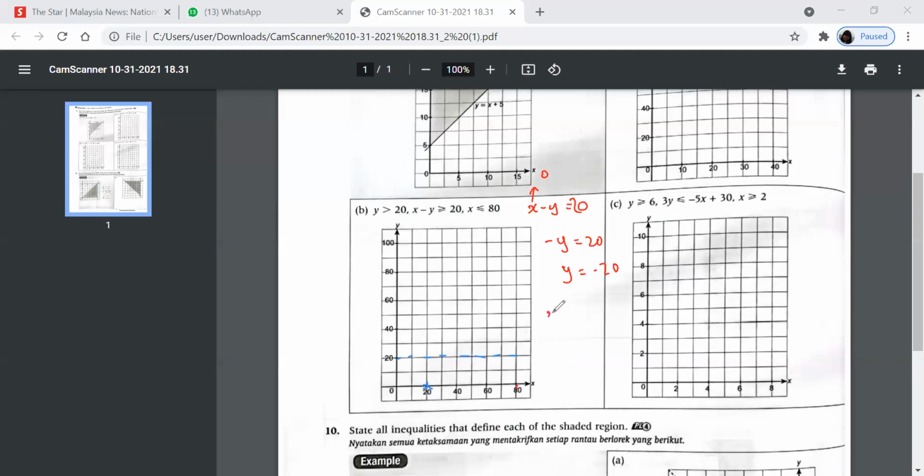So when x is 80, can you find y? 80 minus y is 20, right? So y is 60. So where is 60? Mark. Okay. When x is 80, not when x is 0.